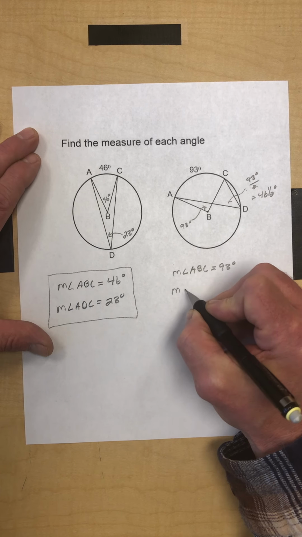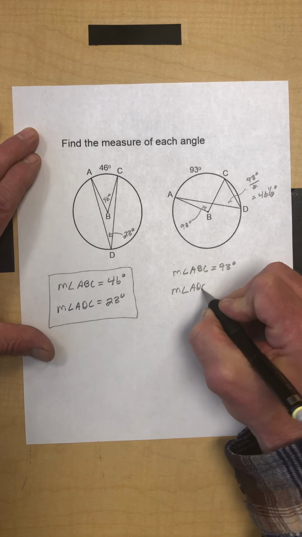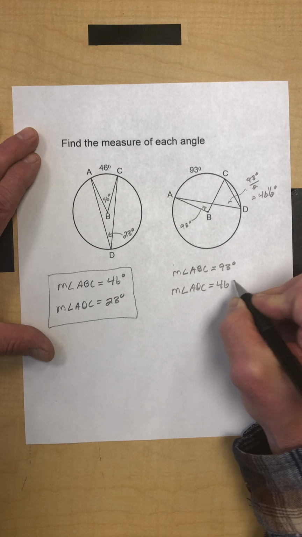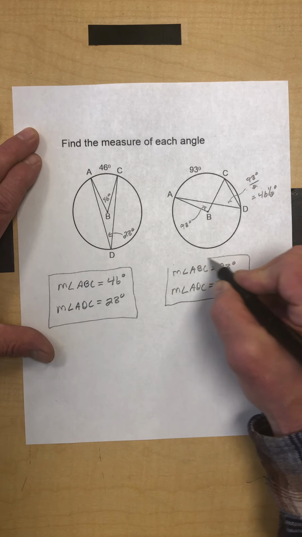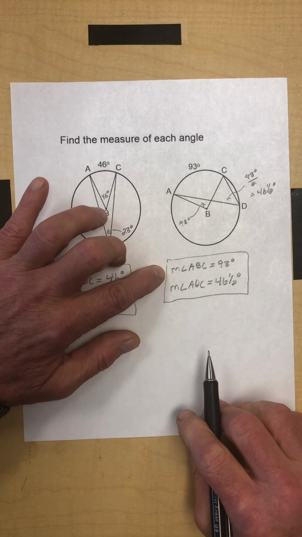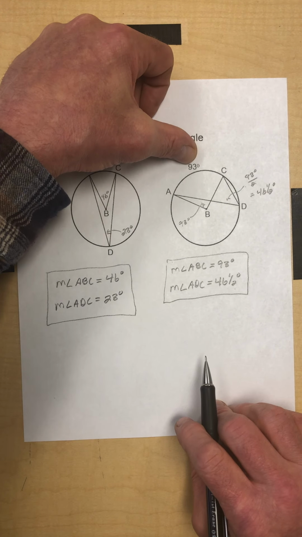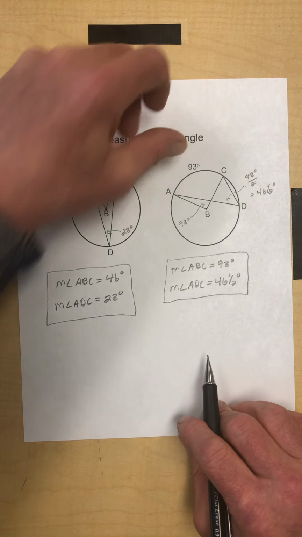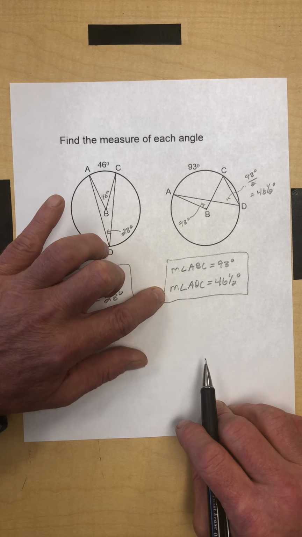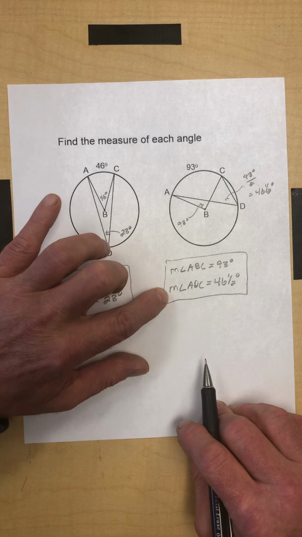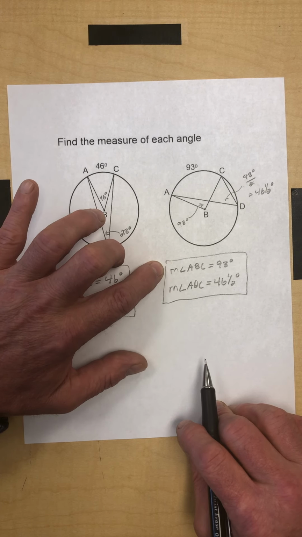So the measure of inscribed angle ADC equals 46.5 degrees. And again, notice that these two angles, the central angle and the inscribed angle, have the exact same intercepted arc, arc AC. Therefore, the measure of the central angle will be twice the measure of the inscribed angle, or we could say the measure of the inscribed angle is half the measure of the central angle.